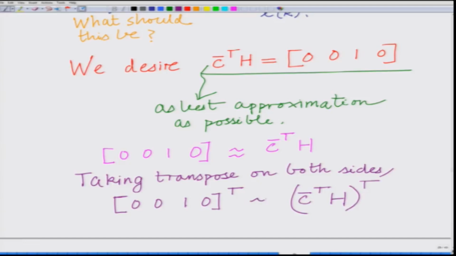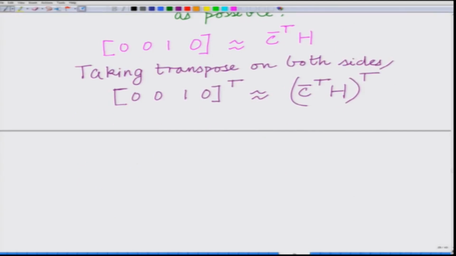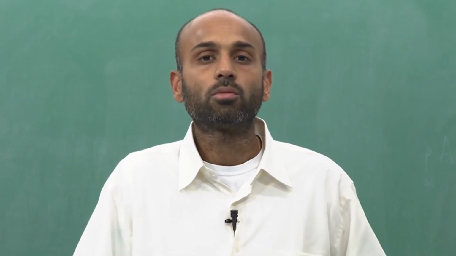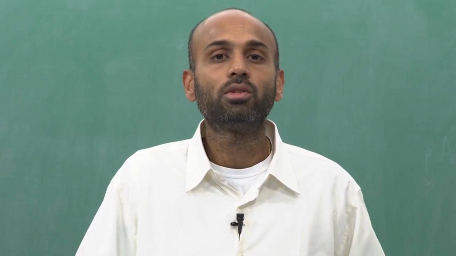If you take the transpose, of course, the row vector will become the column vector. Therefore, I can have 0 0 1 0 should be approximately equal to H transpose times C bar. So, this column vector 0 0 1 0 should be very close to H transpose times C bar, as close as possible to 0 0 1 0.